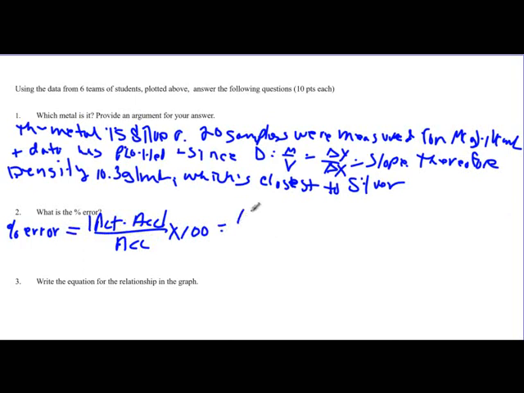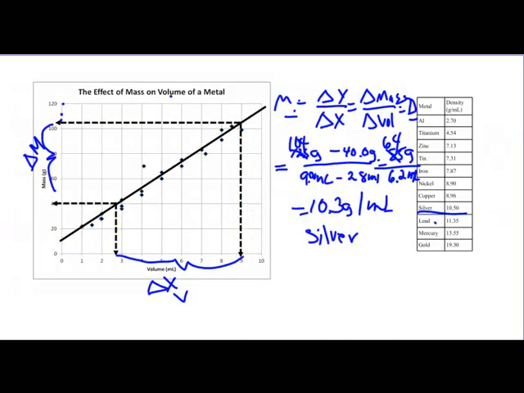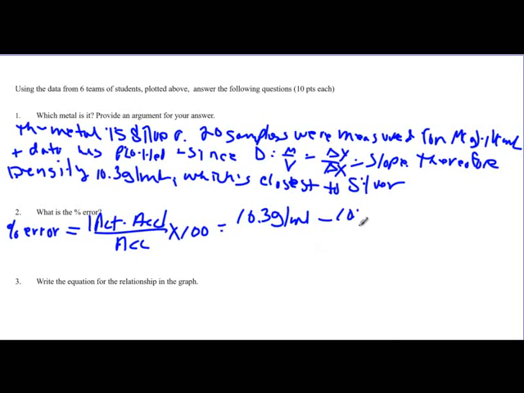Okay, so my actual is 10.3 grams per milliliter minus the accepted, which is, let me see, what was silver? 10.5 grams per milliliter over the accepted, which is 10.50 grams per milliliter.